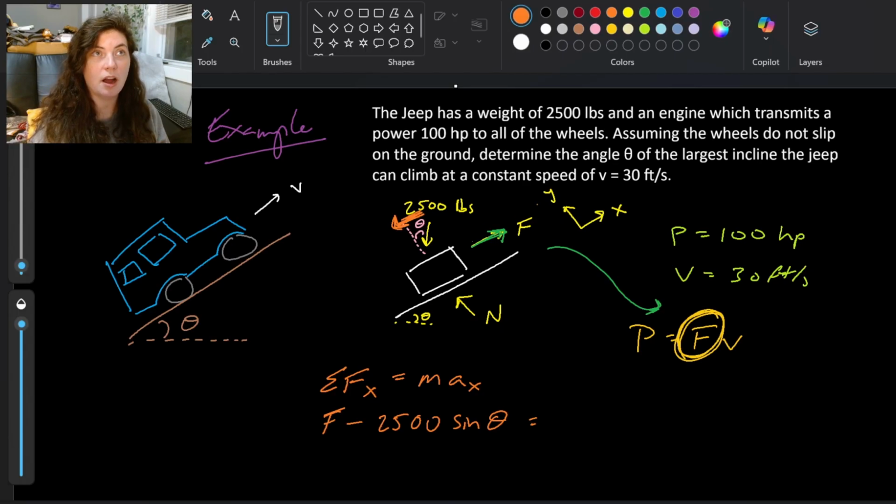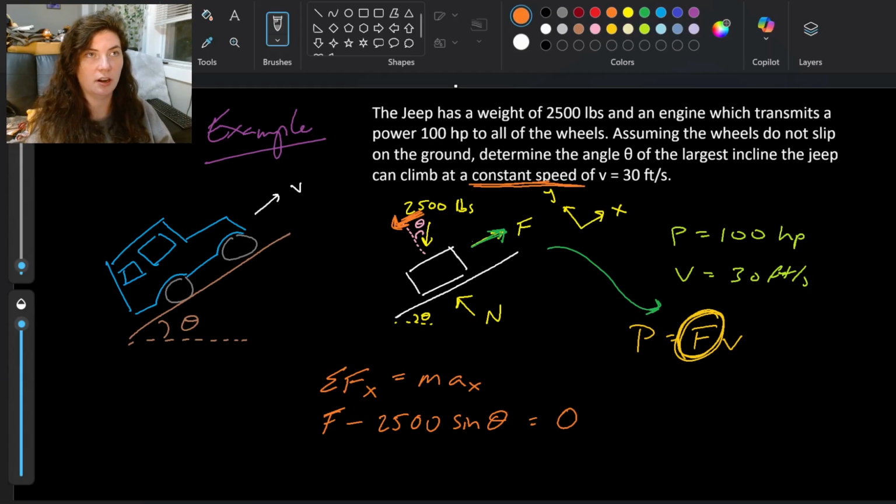But we remember that our acceleration in the x direction was basically given to us because we're moving at a constant speed. That constant speed means that our acceleration is 0 in our x direction. We're not accelerating at all, so this is really just a statics problem.